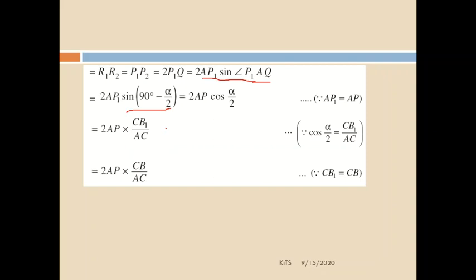That's why sine 90 minus alpha by 2 is cos alpha by 2. And cos alpha by 2 is equal to CB1 by AC. This is how we get this equation.